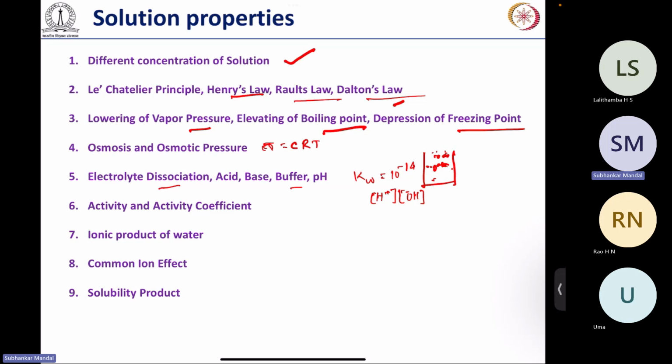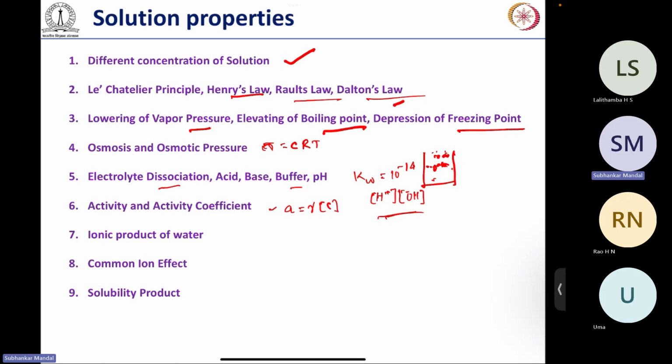Along with that we discussed activity and activity coefficient, and how the activity coefficient is related to the concentration: activity a is equal to the activity coefficient multiplied by the concentration. Also the ionic product of water, which I have written here.